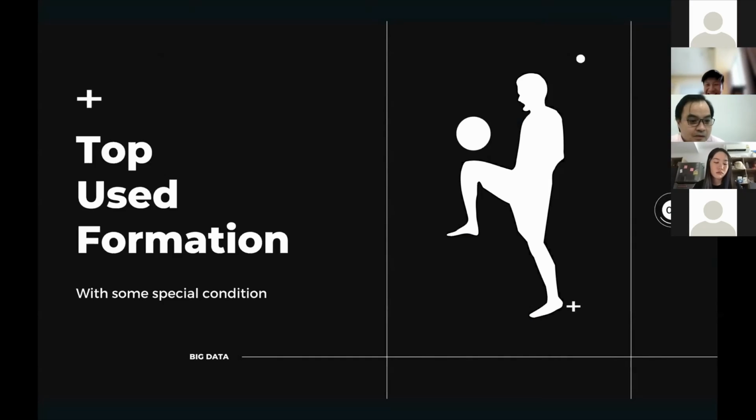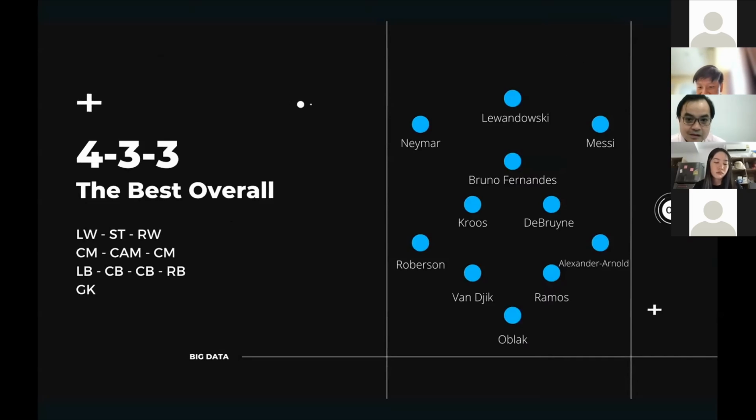First, the top used information in football. I created the first common one, which is 433, and for this one I created a variable which is the best overall that the team could be. For each position, I find the best overall that position could get.